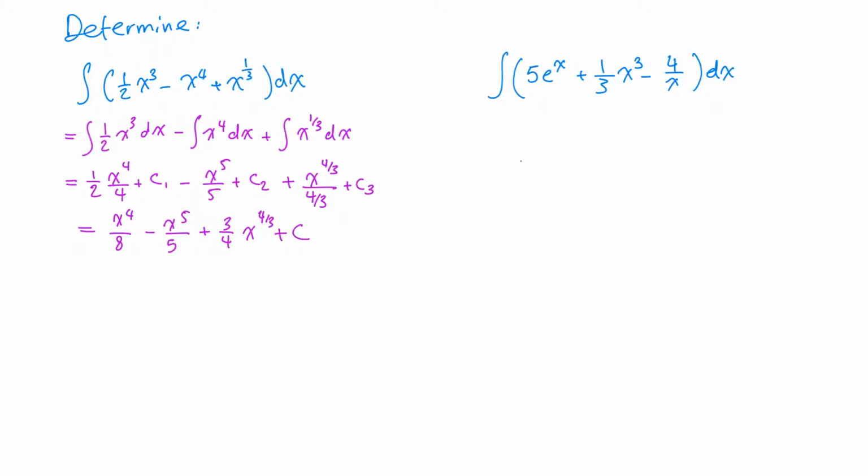For this part here, I'm going to do the same thing. I'm going to separate it first, and I get 5 integral of e to the x, and note that I can bring the constant out of the integral sign, and that's what I did here. I write 5 and then I write integral of e to the x, and that will make my integration a little bit easier as I keep going.